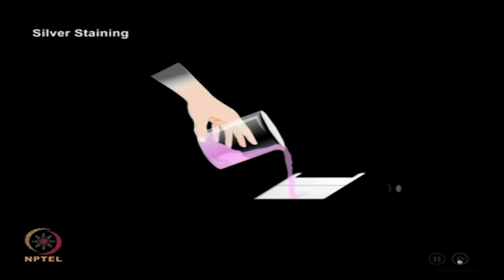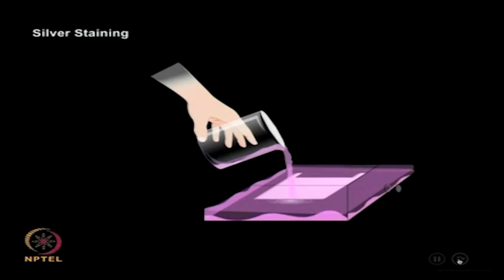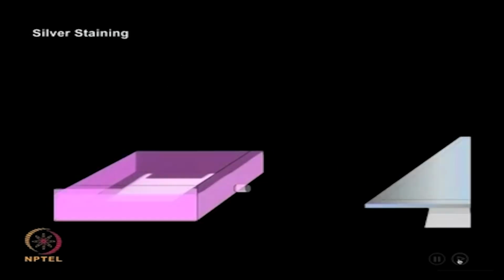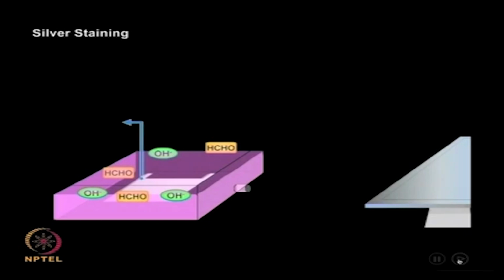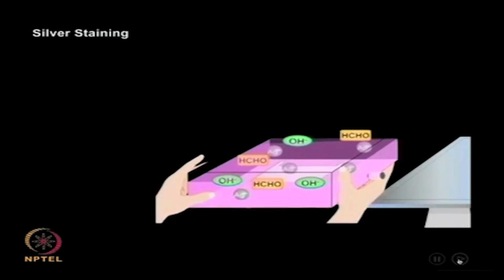Formaldehyde in an alkaline solution in the presence of sodium carbonate or other alkaline buffers are commonly used for this process. Again, a gentle rocking will allow for uniform staining pattern.